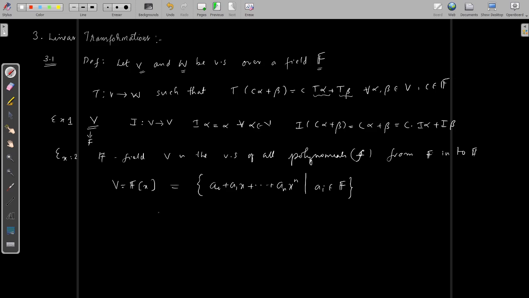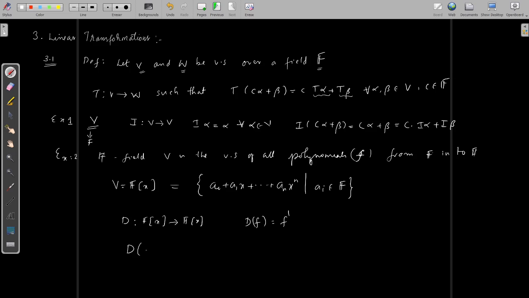Then you define a linear transformation D. D is a function from F of x to F of x defined by D of f equals f dash, the derivative. Once you write the map like this, you can easily prove that D is a linear transformation.